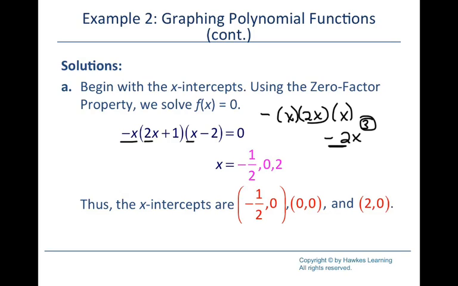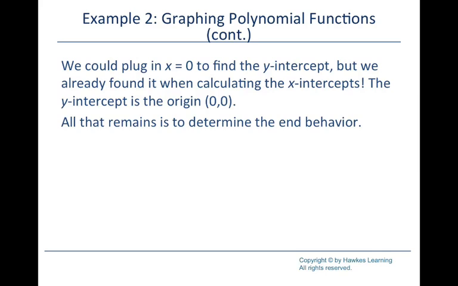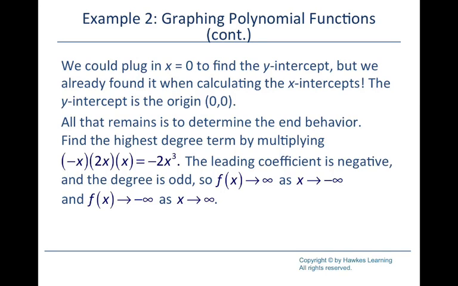So now let's think about the end behavior. Okay, we have negative 2x cubed. The leading coefficient is negative and degree is odd.